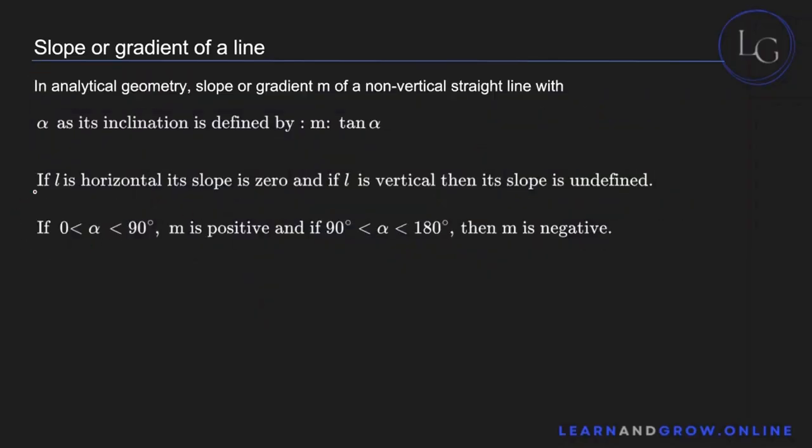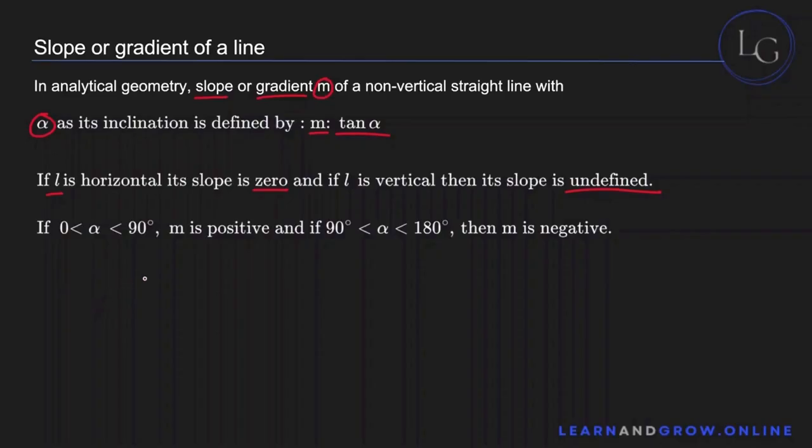See, in analytical geometry, slope or gradient, also called m, of a non-vertical straight line with alpha as its inclination is defined by m equals tan alpha. If L is horizontal, its slope is 0, and if L is vertical, then its slope is undefined or infinity.